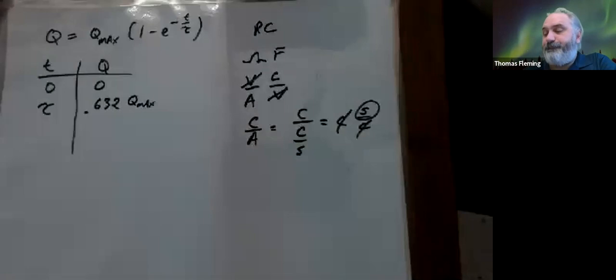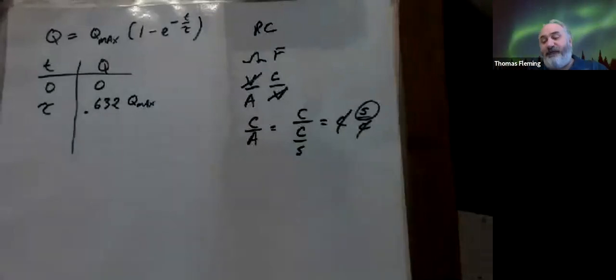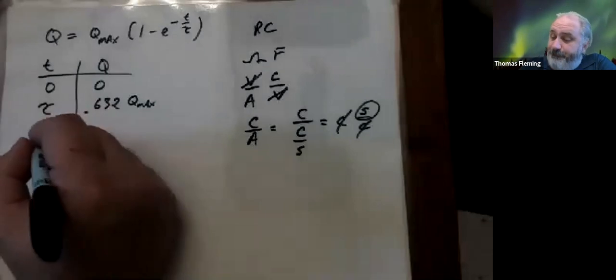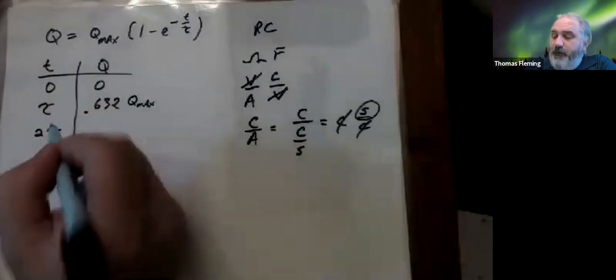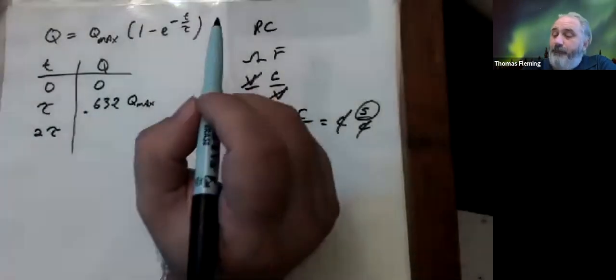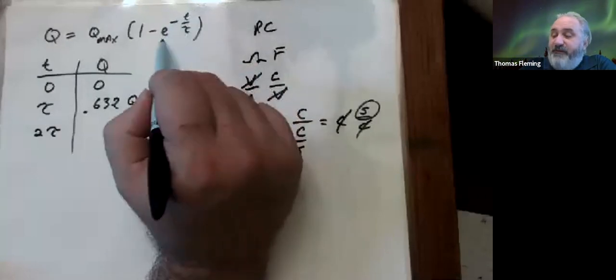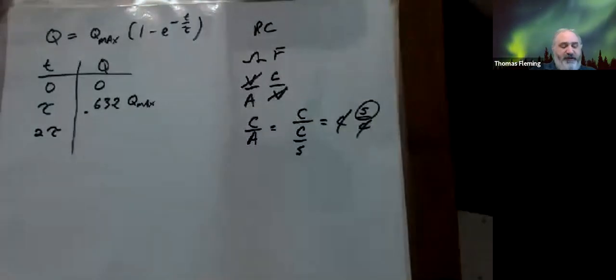Pretty neat. So you might think, if I'm going from 0 up to Q max, and during the first 10 seconds I get more than halfway there, I'm 63% of the way to my maximum, you might think that after 2 time constants, you'd be done, right? But you'd be wrong. If I wait 2 time constants, so if this was 10, 20 seconds, well, now I'd have e to the negative 2 tau over tau. The taus would cancel, I'd have e to the negative 2 power. So what is e to the negative 2 power? It's about 0.135.